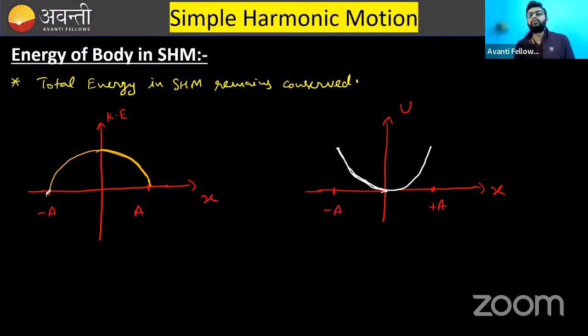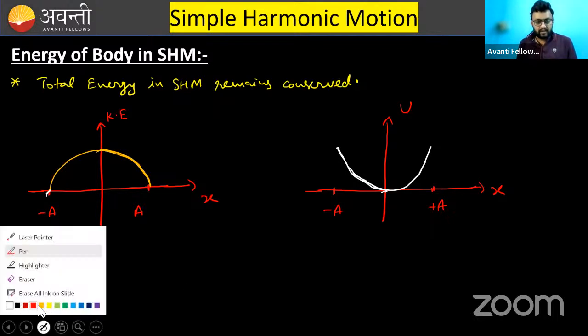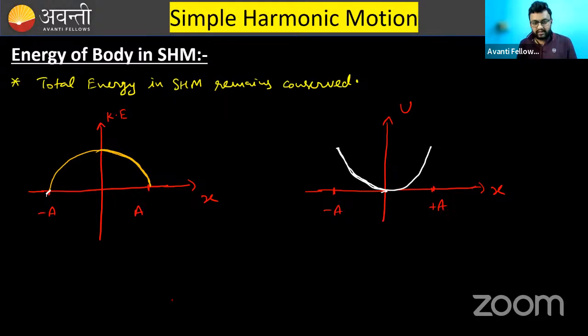And the combination of the two is always constant. The combination of the two gives total energy, and this total energy is a constant. I can draw this again. This is total energy.